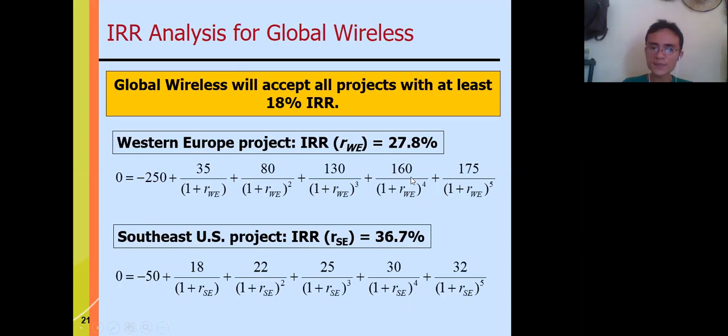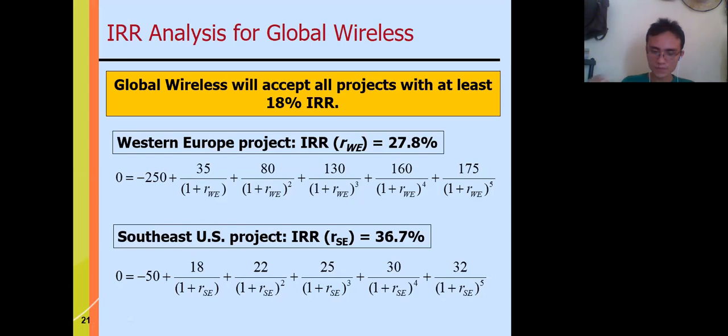If we have limited capital, we will be prioritizing this one first, and the remainder would go to the Western Europe project, which is supposedly not the case, right? It should not be the situation here. I hope that is clear. Otherwise, what can happen is that the Southeast project would be prioritized over the Western Europe project. And that's going to be the scale or scaling problem.